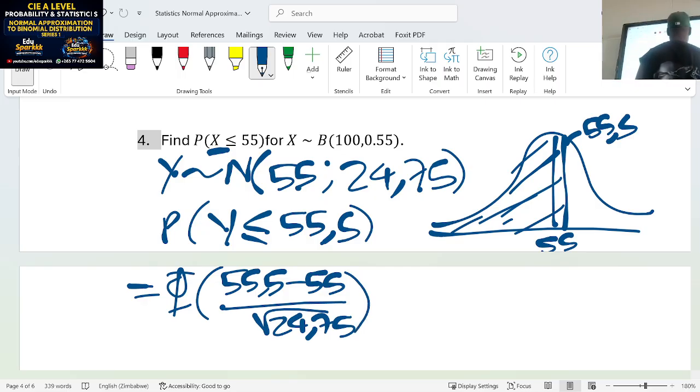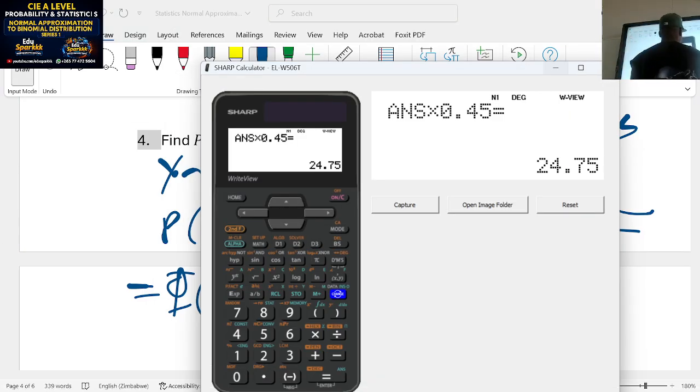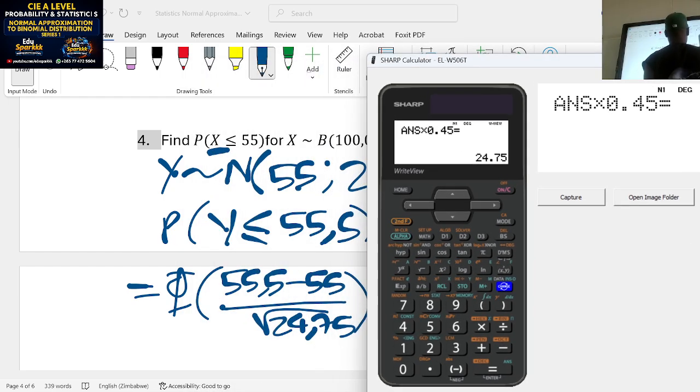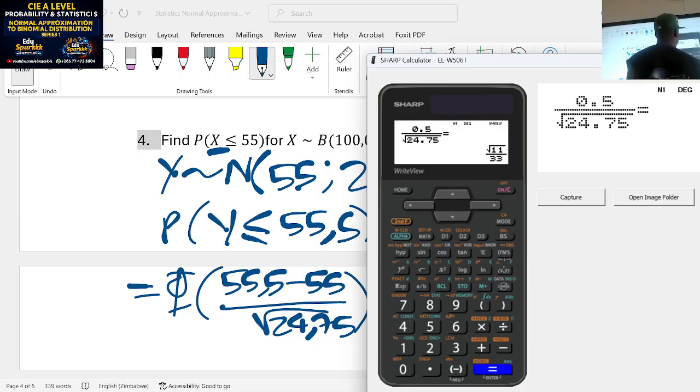On the calculator, 55.5 minus 55 gives 0.5 for the numerator, and the denominator is the root of 24.75. Checking the result, we get 0.1005.